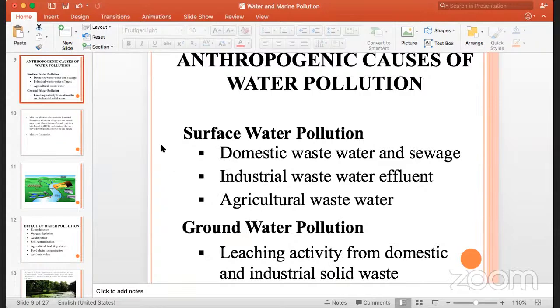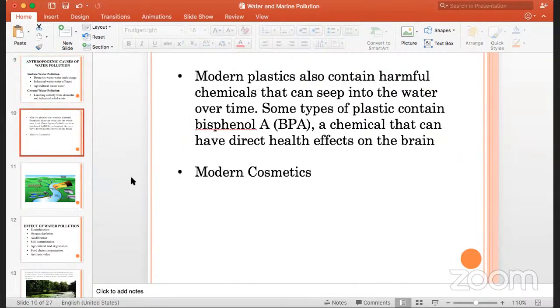Not only that, there are also some rising problems, right? What are those? Of course, modern plastics. Plastics contain harmful chemicals that seep into the water. Plastics contain BPA, right? What is that? Bisphenol A. That has been found to be very, very dangerous. It directly affects the brain. For school children, or even young toddlers, the school regularly advises us to use BPA free water bottles, right?